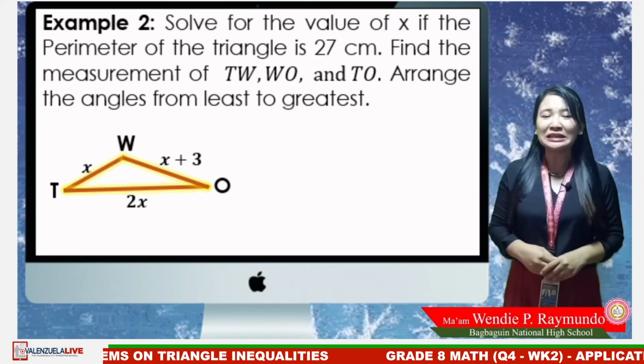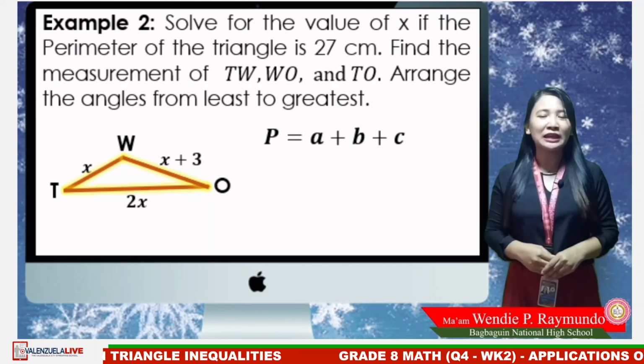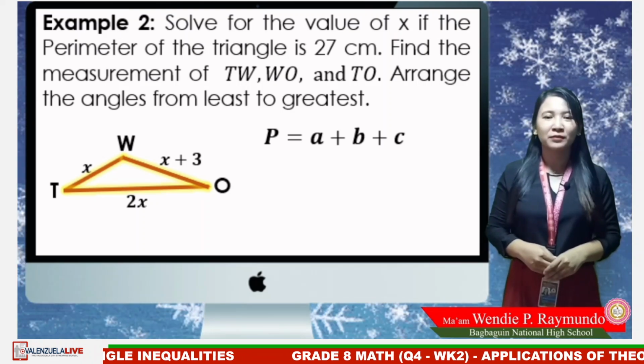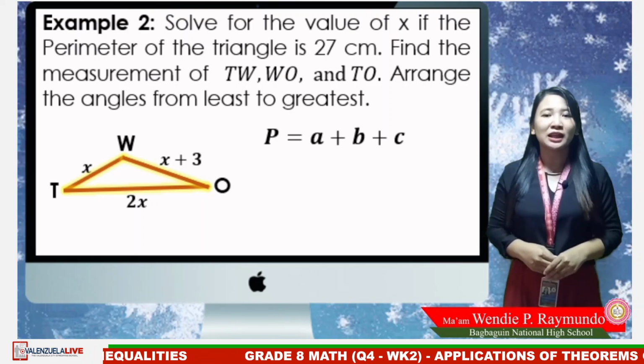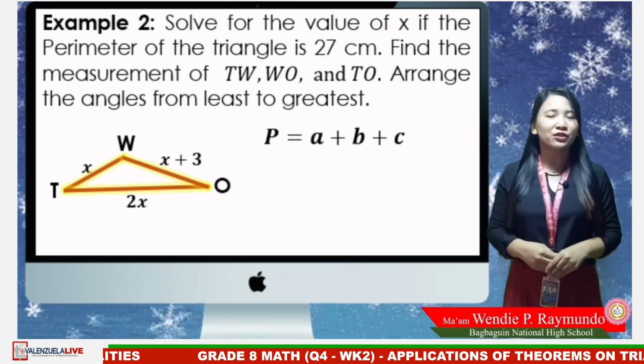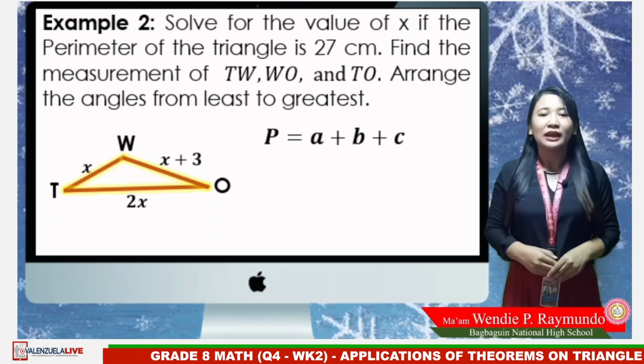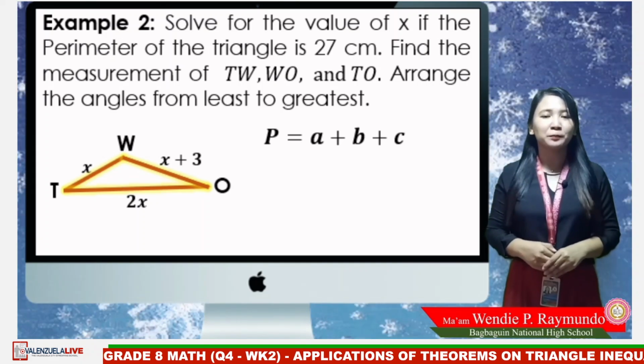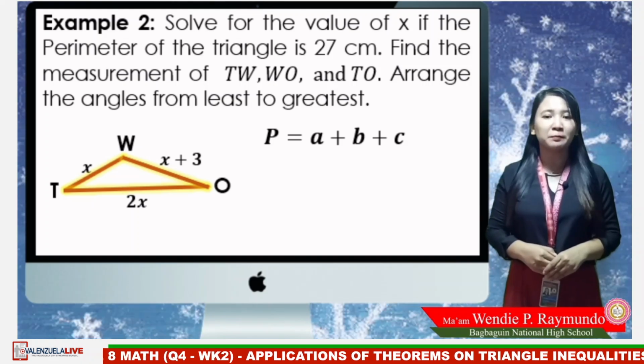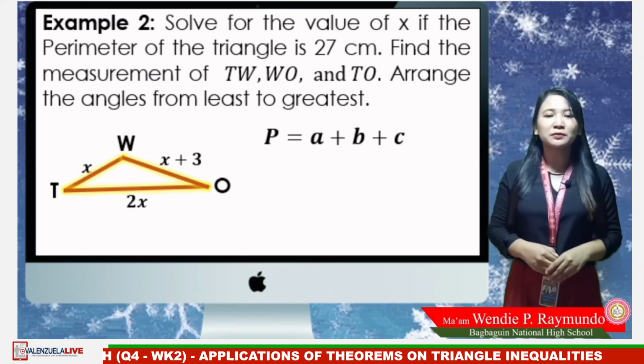The formula is P is equal to A plus B plus C. The perimeter of a triangle is the sum of all its three sides. Using the formula, we have P is equal to A plus B plus C. Then substitute.